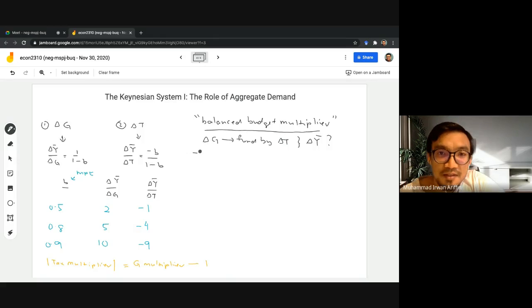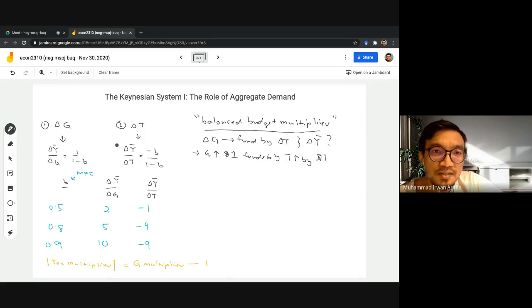So if government expenditure goes up by 1 unit, and this is funded by an increase in tax of $1, just to make the analysis simple, then by looking at the G multiplier and the tax multiplier, the net effect on the change in income we can obtain by simply adding these two up, because these are the net effect.